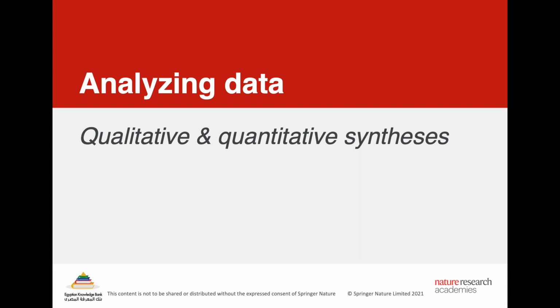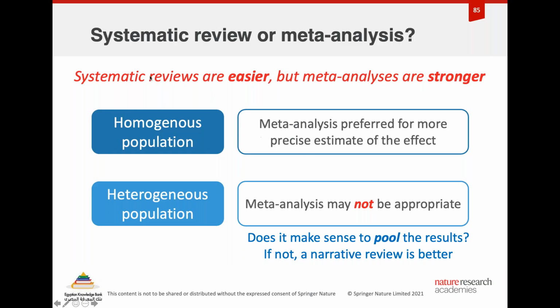That's perfectly appropriate. Systematic reviews are easier because it is just a qualitative synthesis. There's no statistics involved. But because of the objectivity of the meta-analysis, they're often thought to be stronger and have a higher clinical relevance.